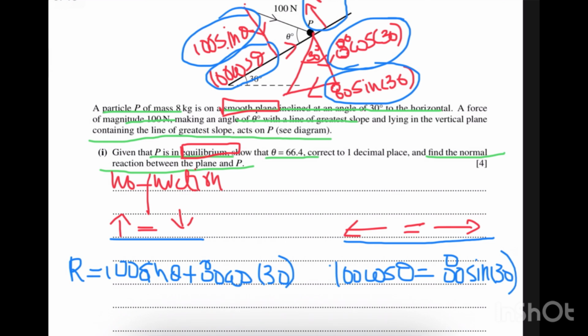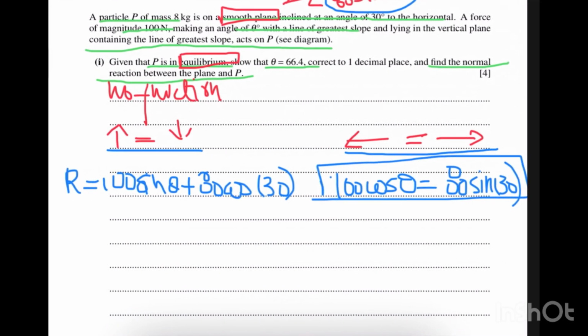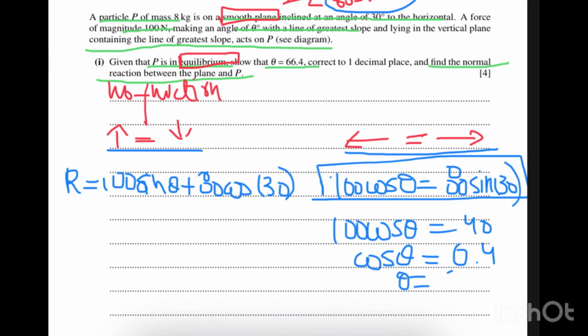First we're going to solve this equation, since it only has one missing variable. 80 sine 30 is equal to 40, which makes 100 cos theta equal to 40. If we divide by 100 on both sides, cos theta equals 0.4, and that means the value of theta is 66.4, as was mentioned in the question.